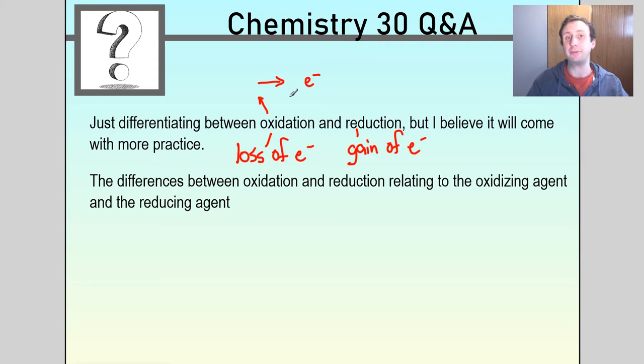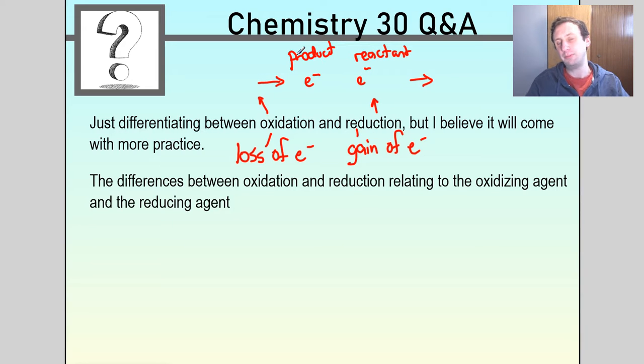So electrons have to be produced or lost from the original chemical right here. For reduction, electrons will instead be gained, so electrons will be a reactant. And when I have oxidation, electrons are a product.